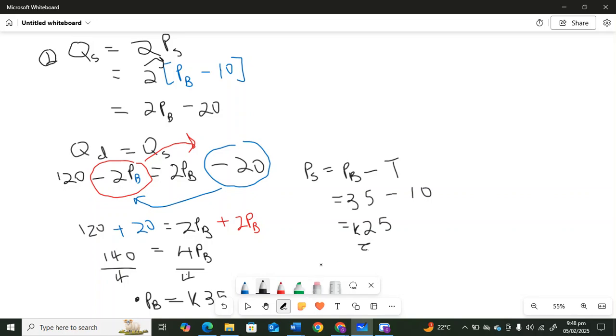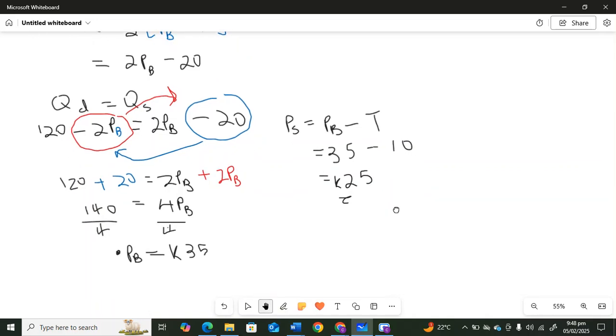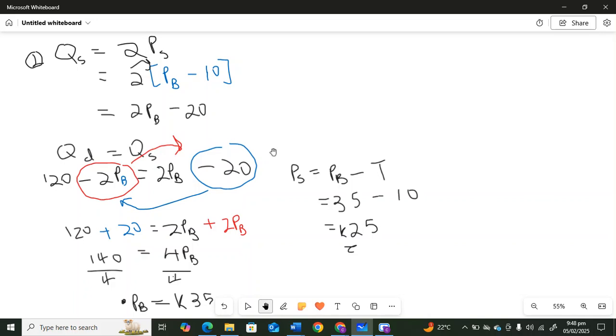Okay, and to get the new quantity, we can replace this 25 kwacha in our original supply function here, 2PS. Substitute PS with 25.